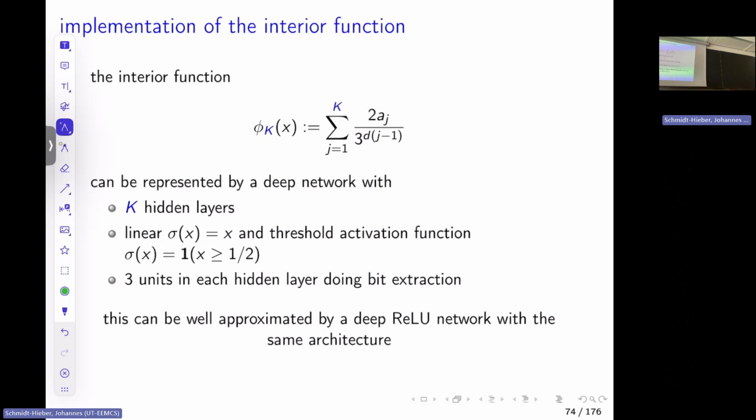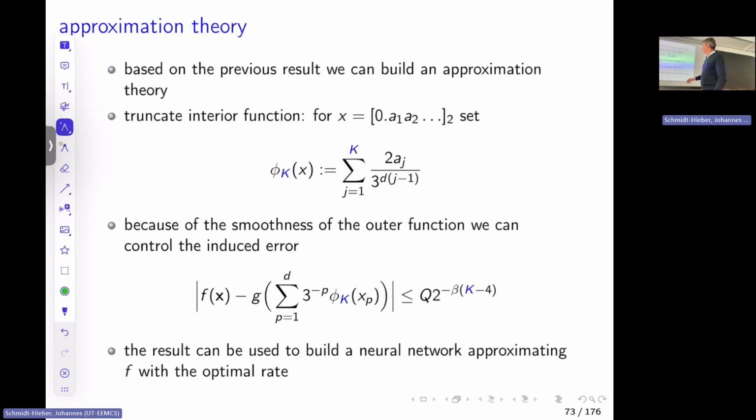And you should not try to do that with a shallow network, but with a deep network. That's the claim. If you want to, you could in principle say, okay, I take this as my interior activation, it's done. But if you want to say something about how, for instance, to set up initializations of ReLU networks, and you want to use this result, then you have to transfer it into a ReLU network.